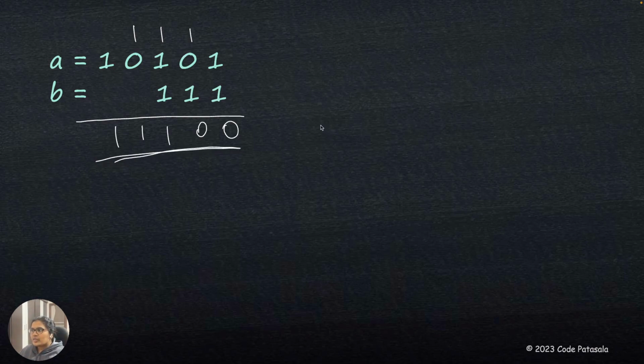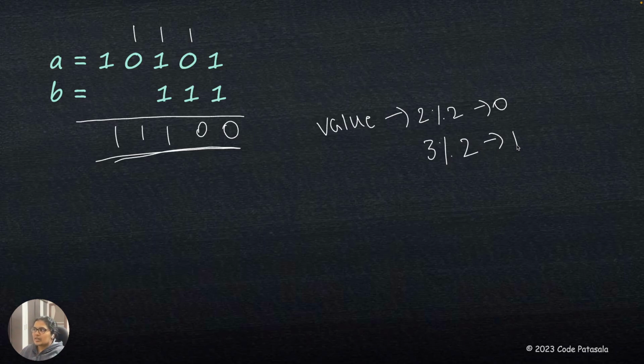Okay. So how do we determine value and carry in each of these cases? So value, if you observe, is always modulo 2, which means if you add two numbers, let's say the answer is 2, the remainder when you divide by 2 is 0. If the value is 3, 1 plus 1 plus 1, when you divide by 2, the remainder would be 1.